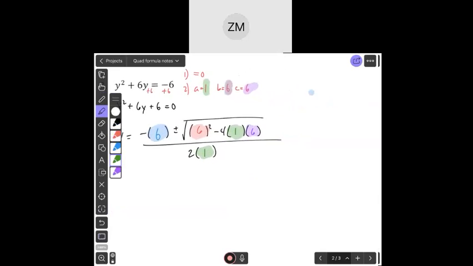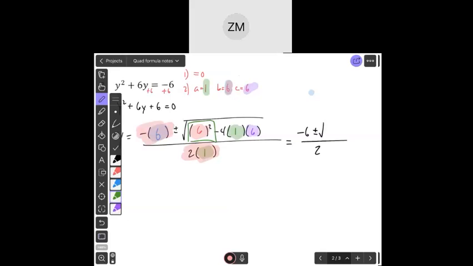Again, I would just start on those outside, simplifying, right? So we're dealing with those two things there. There we just have -6, plus or minus, start my radical, and then 2 times 1 again on the bottom. Then the 6 squared, right?